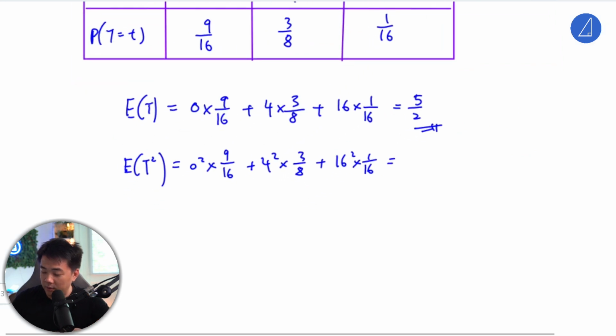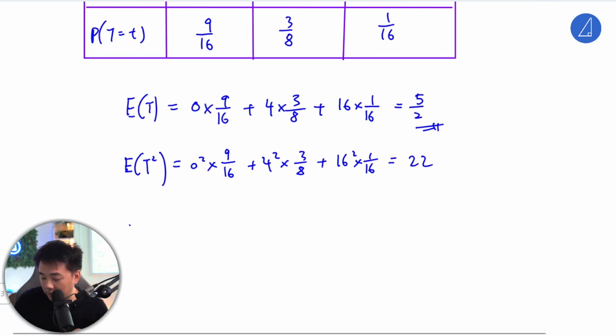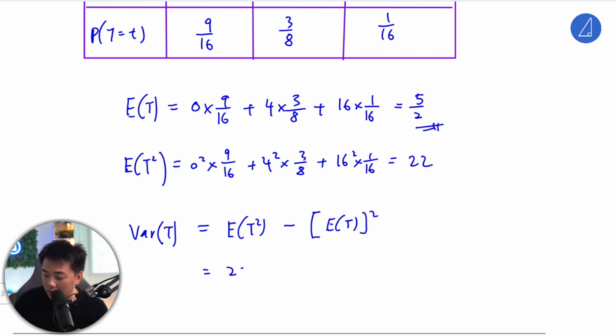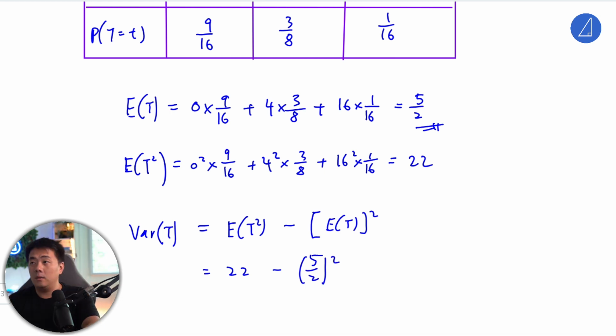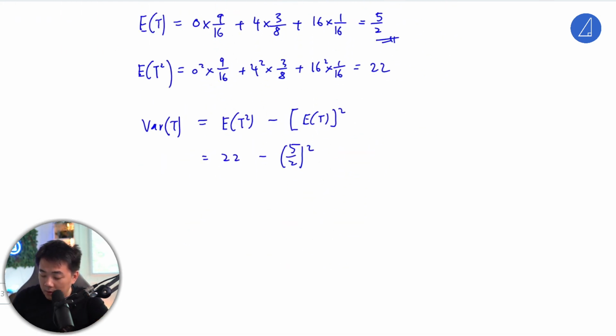That will give us 22. To find the variance of T, we know it is the expectation of T squared minus the mean of T, all squared. So this is 22 minus (5 over 2) squared. That will give us 63 over 4, which is good. This is what we want to show. Shown.